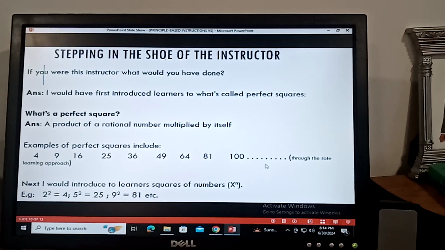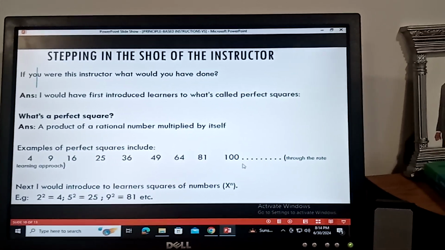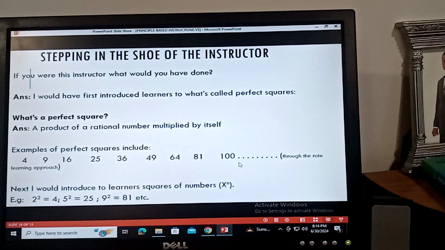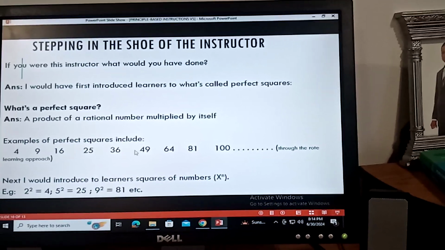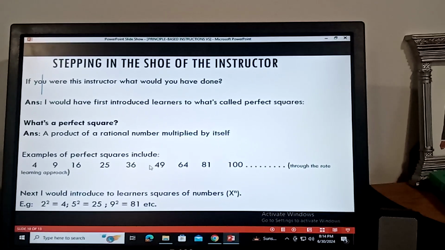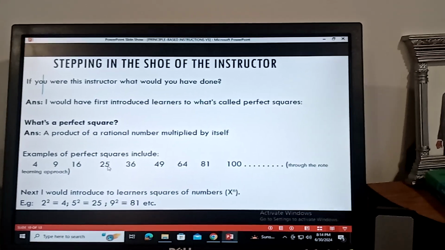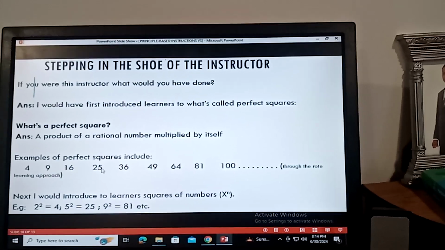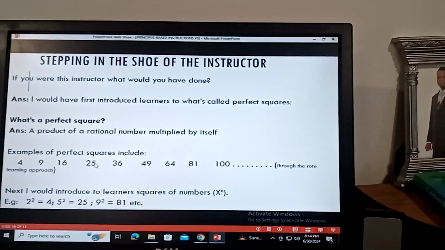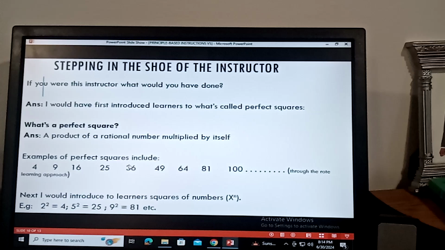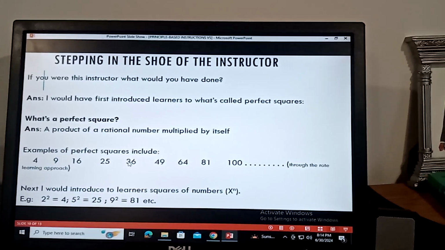Yes, you can teach these perfect squares through the rote learning approach, because all you need here is for them to remember perfect squares, because there's no method of calculating perfect squares. You only have to remember them, like the times table or the ABC alphabet.